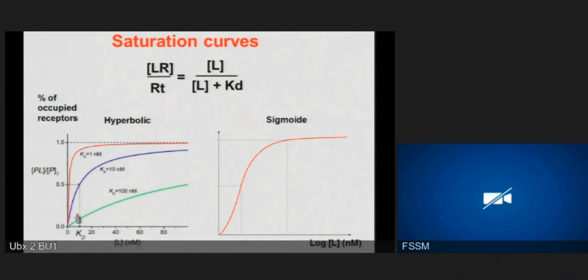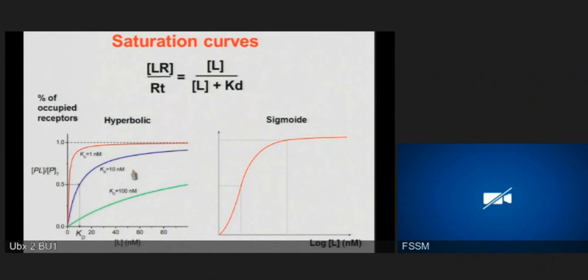So now look at the blue curve. The blue curve, you go toward a maximal binding, 100% of binding at higher concentration compared to the red curve. And you can approximate the KD, the 50% occupancy, which goes here at 10 nanomolar.